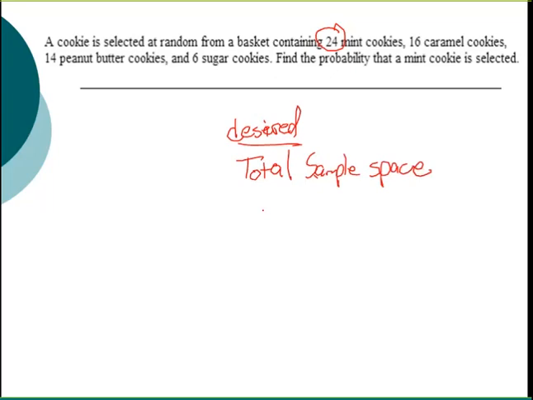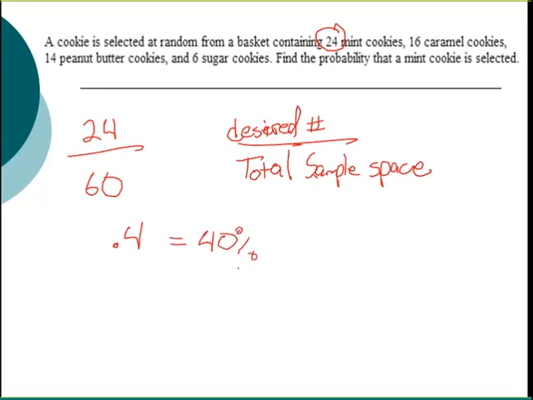So here we've got 24 mint over the total, which is 24 plus 16 plus 14 plus 6, which is 60. So the chance of getting a mint cookie is 24 out of 60. So if I take my 24 divided by the 60, I get 0.4. In other words, a 40% chance of actually getting my mint cookie.